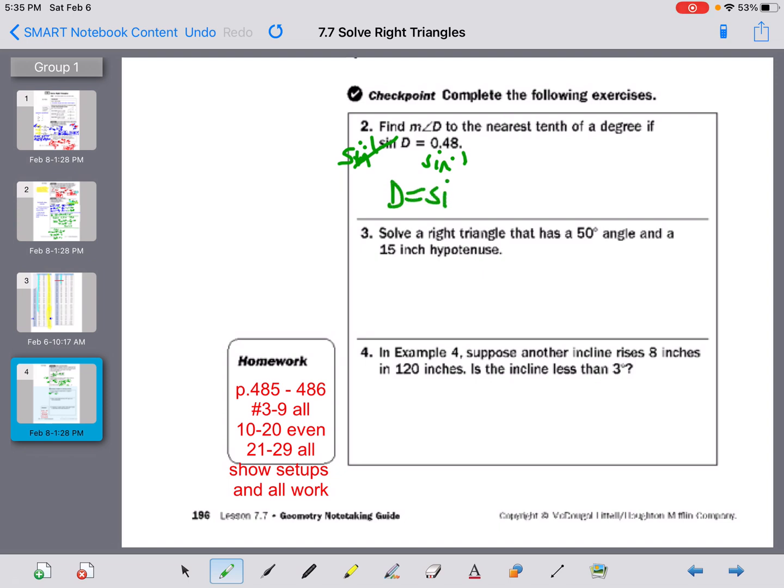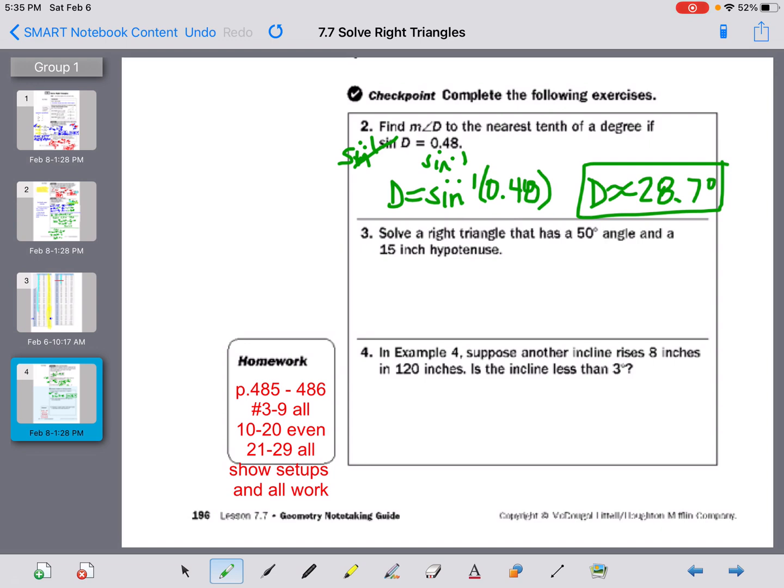D is going to be the sine inverse of 0.48. And so I'm taking the inverse sine here of 0.48. And I get about 28.7 degrees. All right, number 3, solve a right triangle that has a 50-degree angle and a 15-inch hypotenuse.